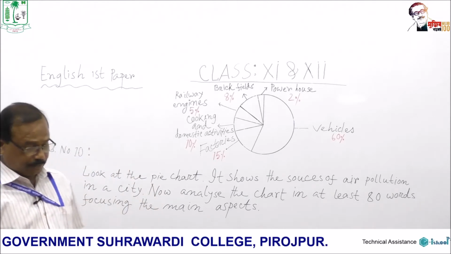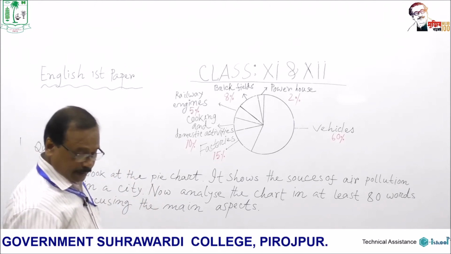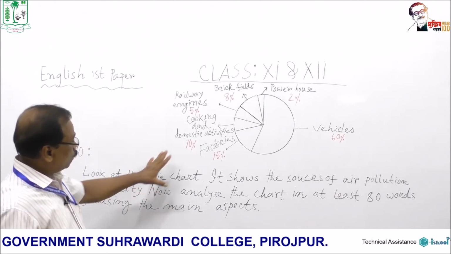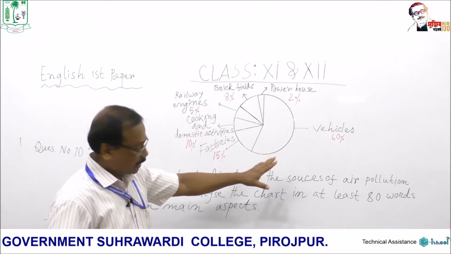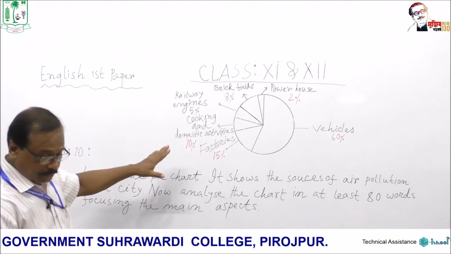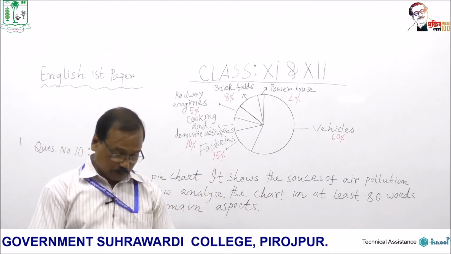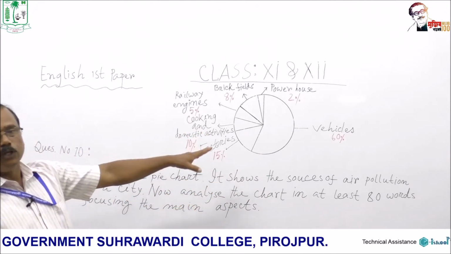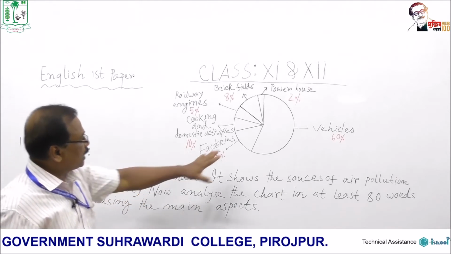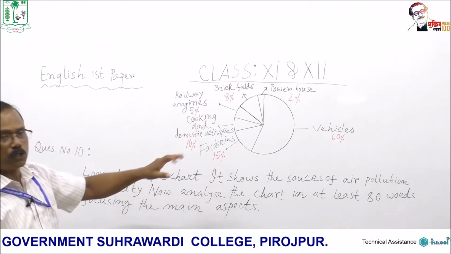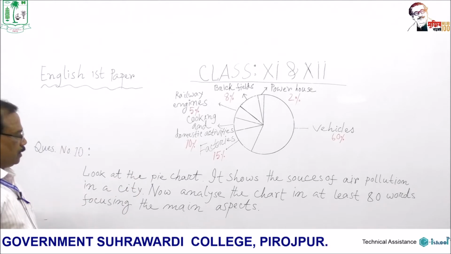Look at the chart. There are 6 kinds of pollutions in different percentage.